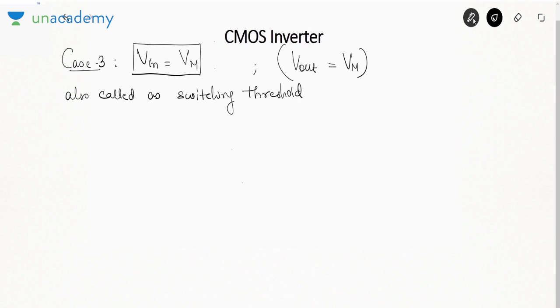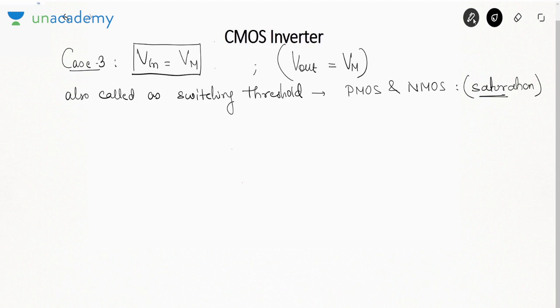It is the point where Vin and Vout are equal, and both are equal to Vm. At this point, both PMOS and NMOS are in saturation.